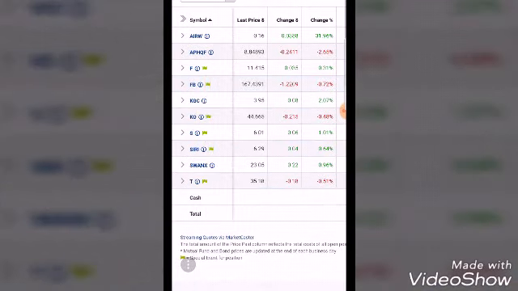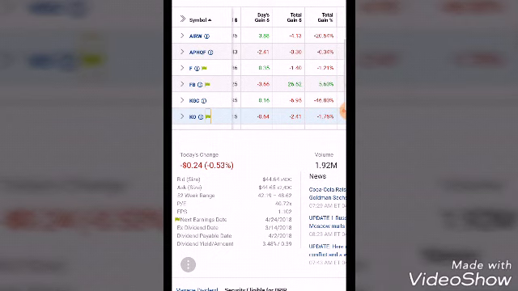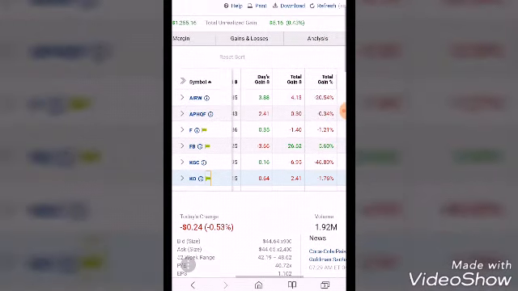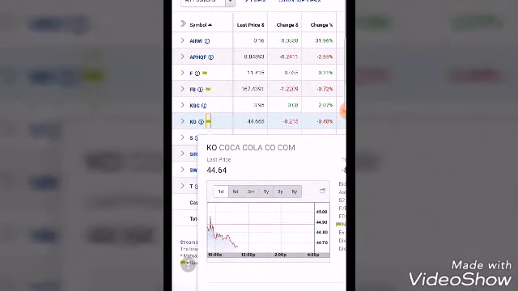And then KO, was that Coca-Cola? Coca-Cola next earning date is April 24th. Dividend yield amount 3.48%. So that's going to be paid out on the 24th of April. Let me see which other ones had one.